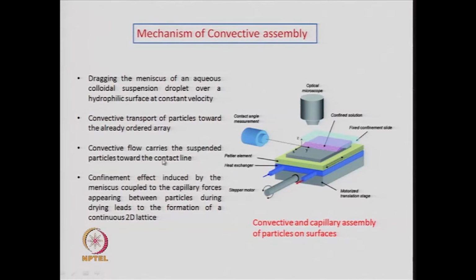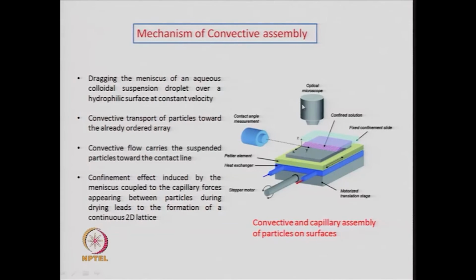Convective flow carries the suspended particles towards the contact line, and the confinement effect induced by the meniscus, coupled to the capillary forces when the particles are drying, leads to the formation of the two dimensional lattice. The convective and capillary assembly of particles can be seen here.